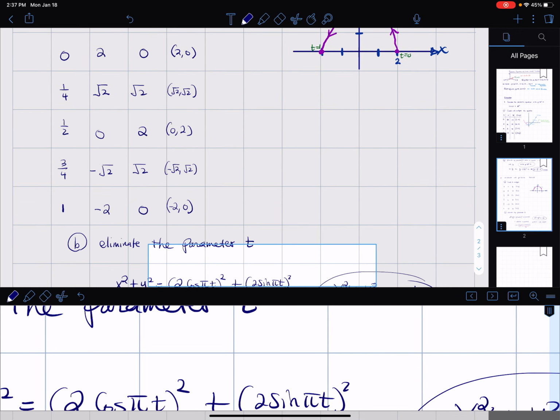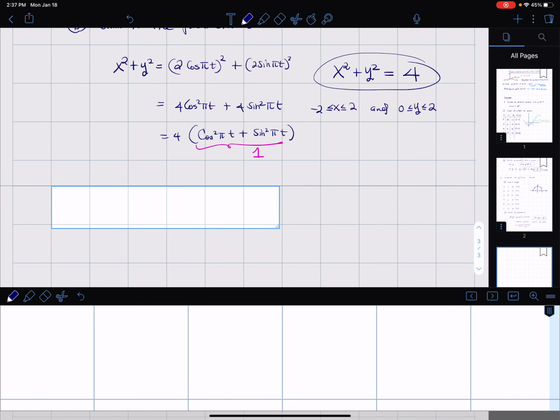So I'm going to write a few notes. In general, let's talk a little bit more about the circle.